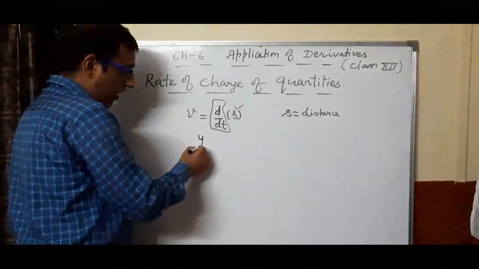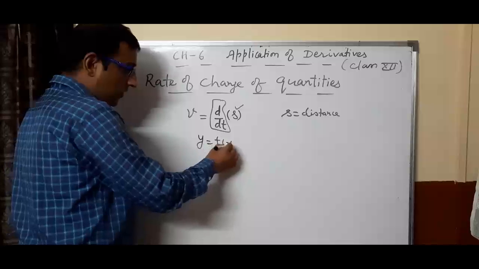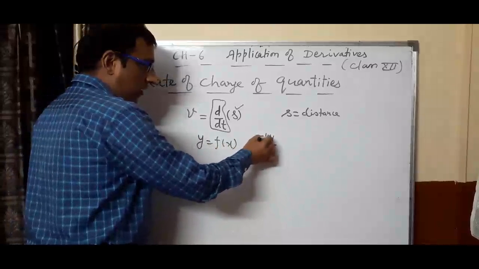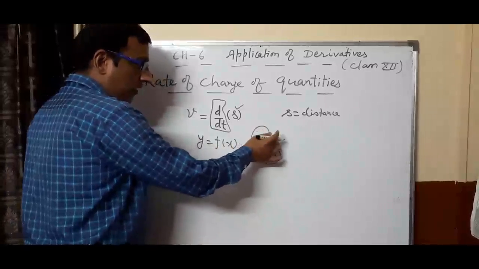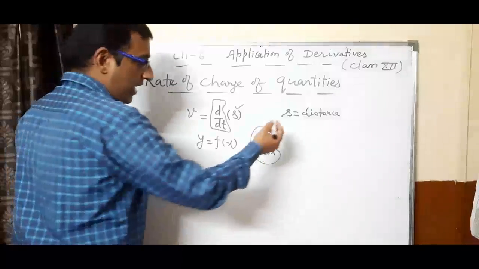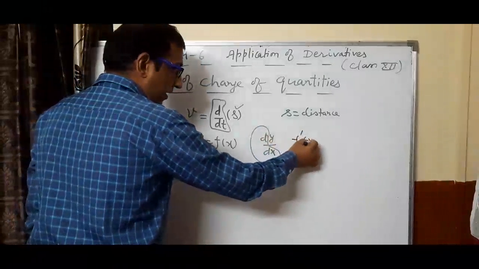If I am saying y equals f of x, then what is the meaning of dy by dx? It means rate of change in variable y with respect to variable x, and it is also denoted by f dash x.